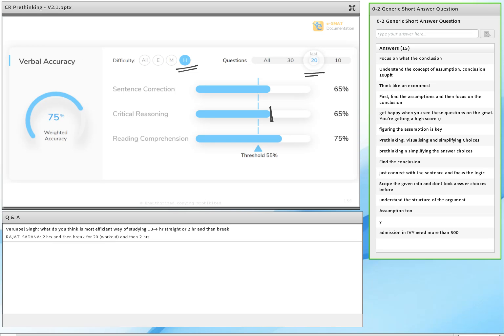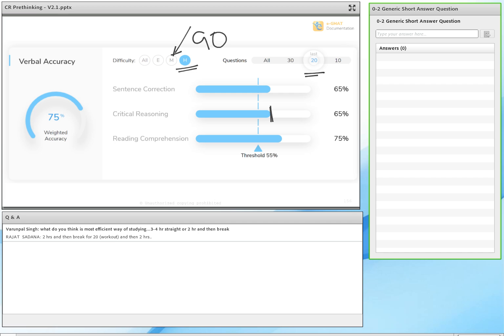This is a 3D chart out of Scholarinium. However, in medium questions, his accuracy was 90%. So go with an attitude to get every question right, but you will make mistakes, and as long as you get to the point where you're getting 65 to 70% of hard questions right, you're almost at that 95th, 97th percentile or so.